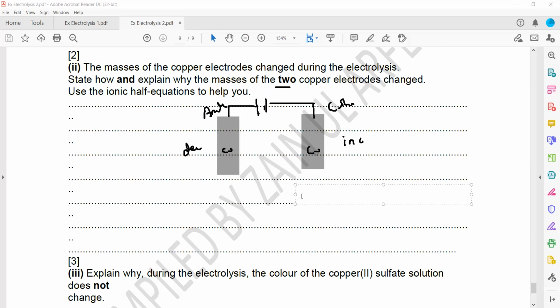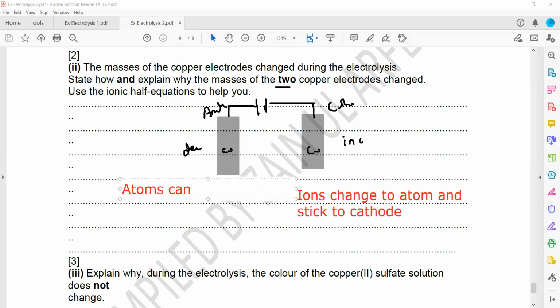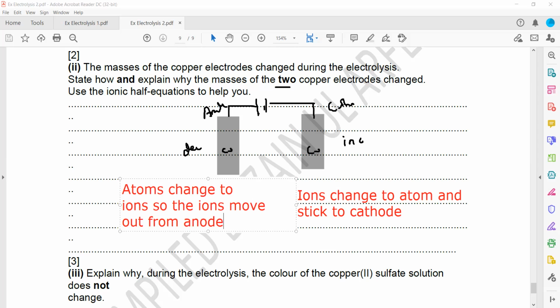At the cathode, the ions change into atoms and they stick to the cathode, whereas at the anode the atoms change to ions. The ions move away from the anode, that's why the size is decreasing.